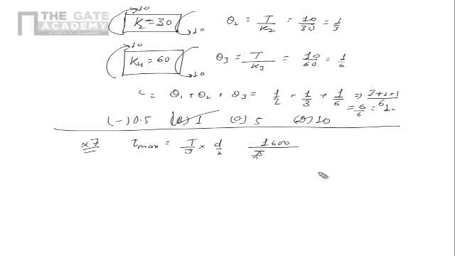J is pi by 32 d to the power 4, into d upon 2. So this becomes 16 into 1600 upon pi into d cube. Now d is 60 millimeters, so it becomes 0.06 cube.